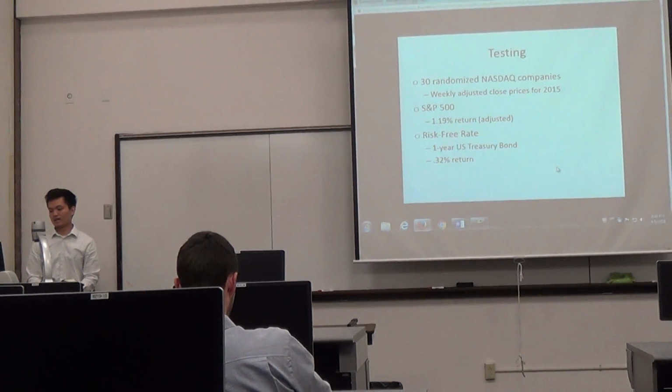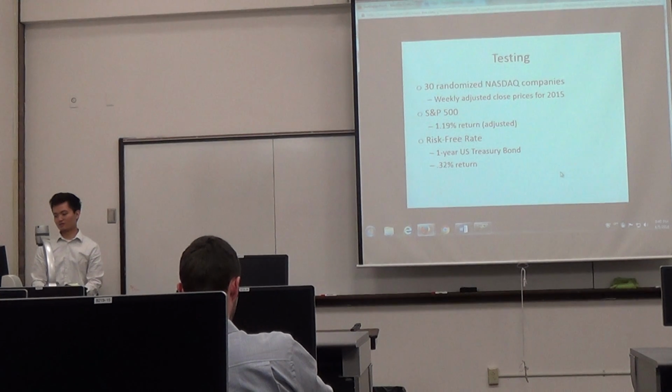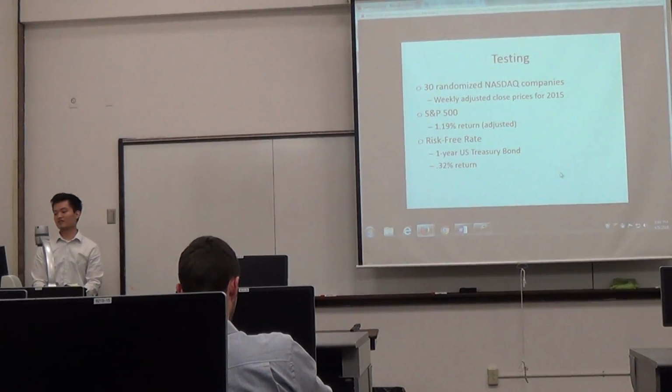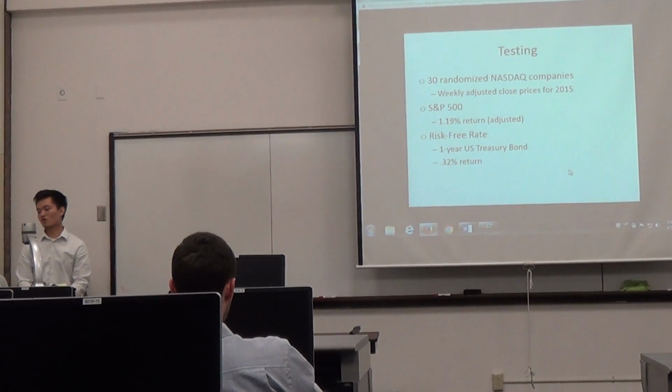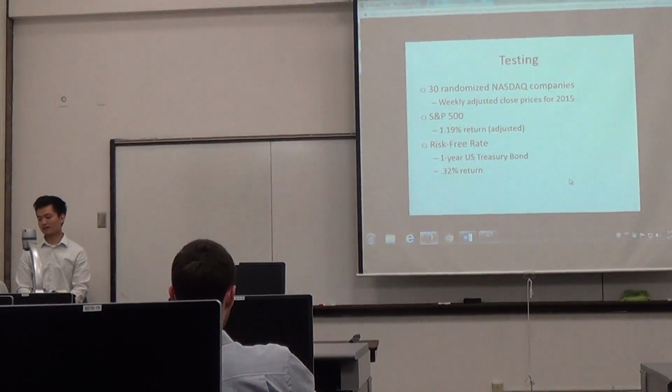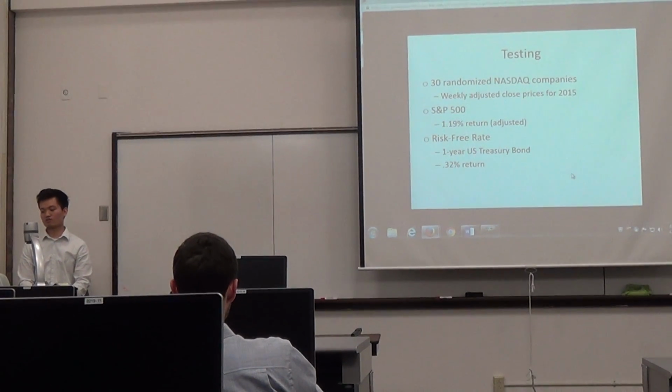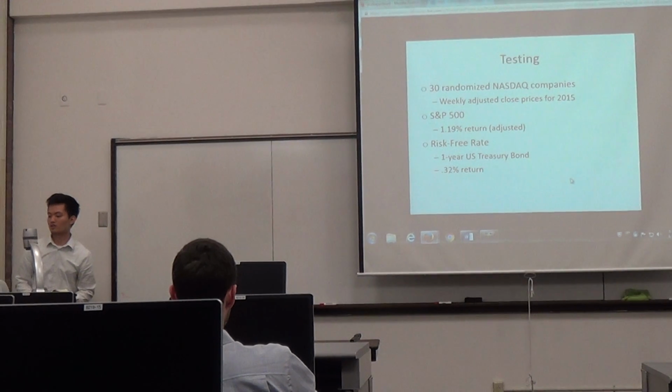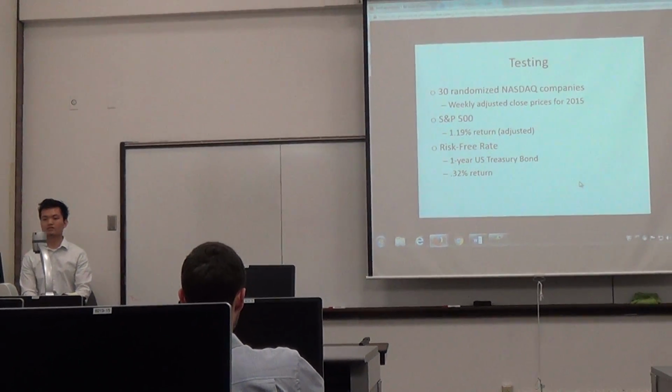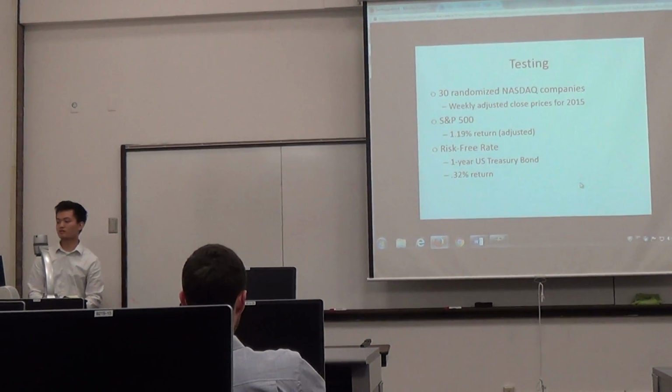Later on, you will find out that the return for the S&P 500 isn't a very good benchmark for what I did. And for the risk-free rate, I used a 1-year U.S. Treasury bond average for 2015.